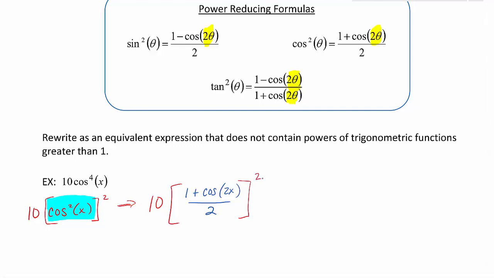We want to simplify this because we still have the exponent of 2. And we have a binomial on the inside with that 1 plus cosine of 2x. So we're going to have to write that twice and multiply it out.